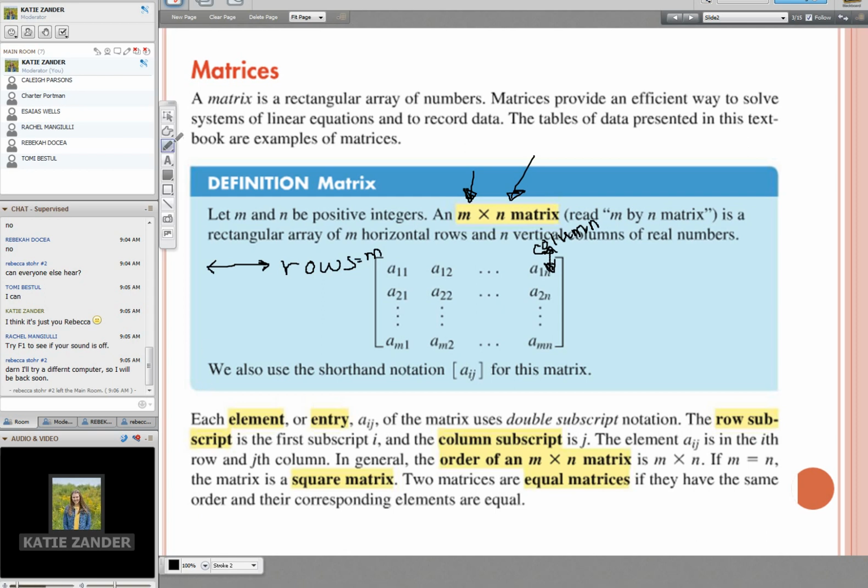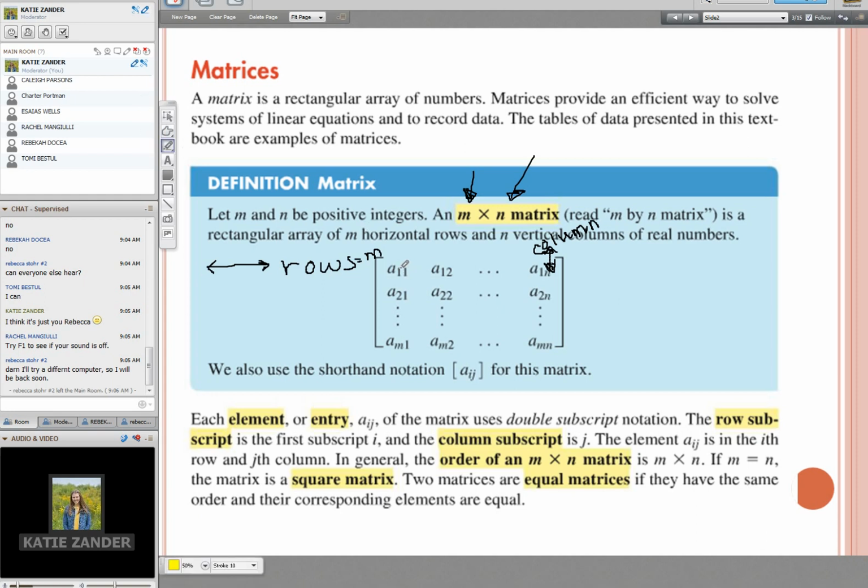All right, so in the matrix, and again, this is just a very generic example, we have elements or entries, so individual elements or entries within the matrix. Here you'll see A sub 11. That actually means A row 1, column 1.